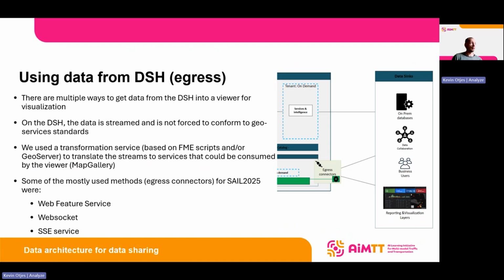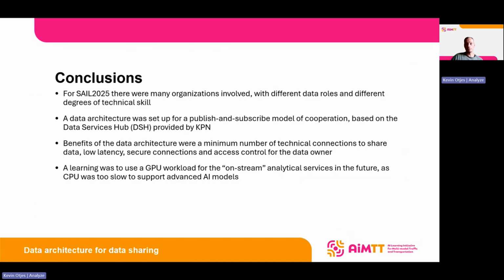And this allowed for real-time information to be processed on the map and in the digital twin common operational picture solutions.